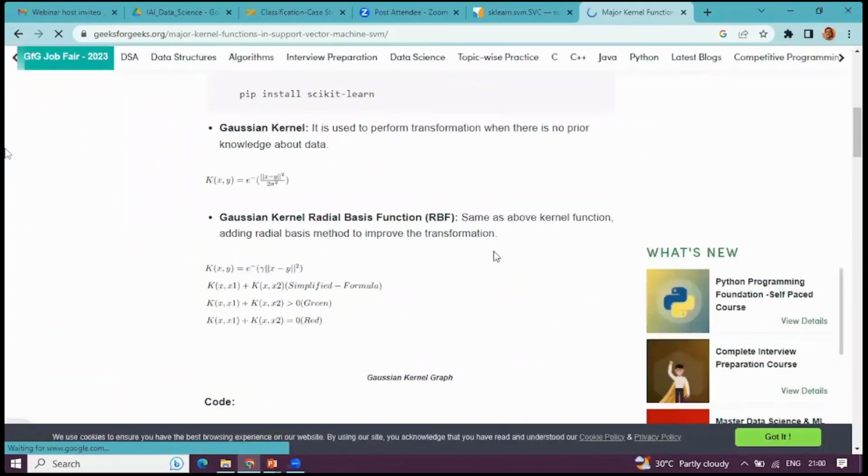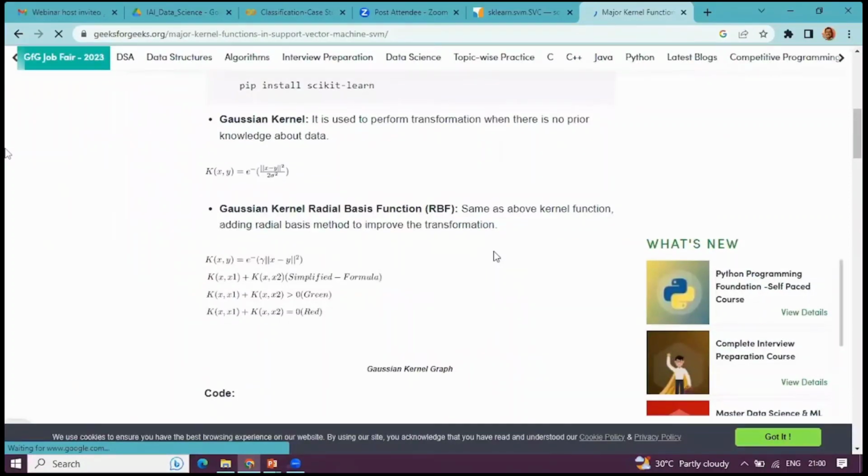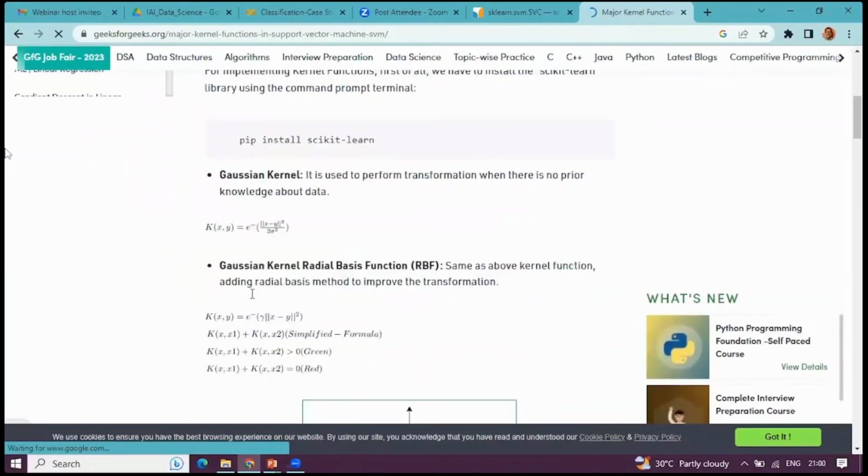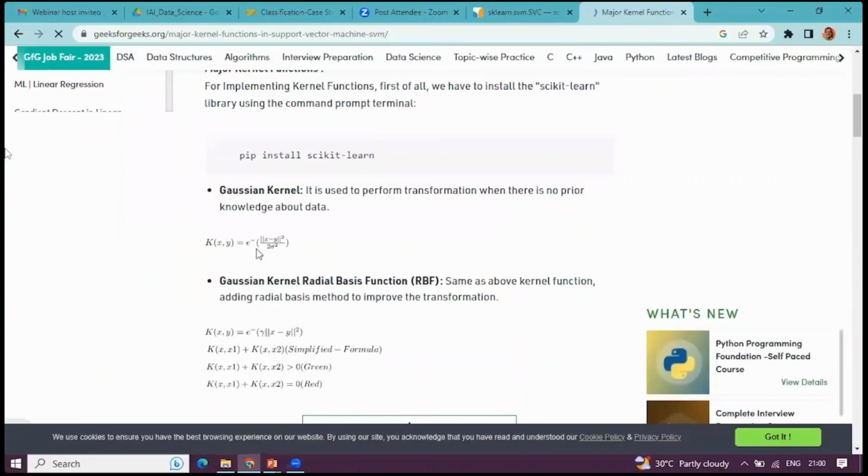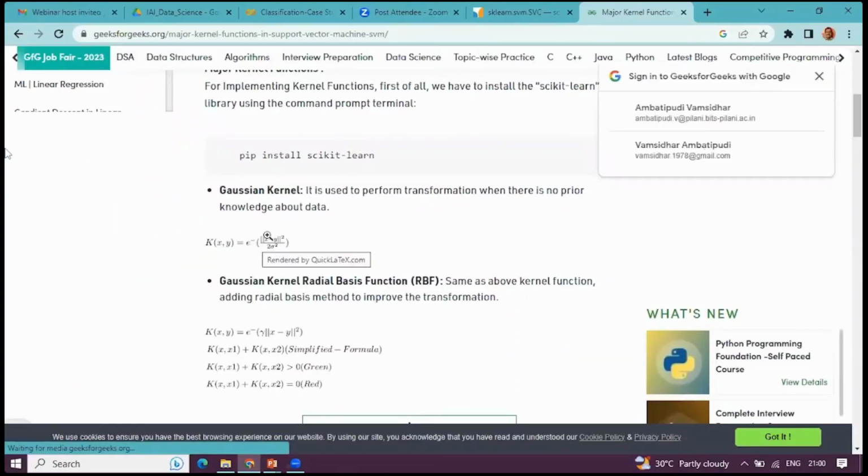So this is a Gaussian kernel, which is the radial basis function kernel: e to the power of minus x minus y whole squared by 2 sigma squared. You will find the difference between the 2 vectors x and y, take the dot product of that vector with itself, square it, and divide by 2 sigma squared.